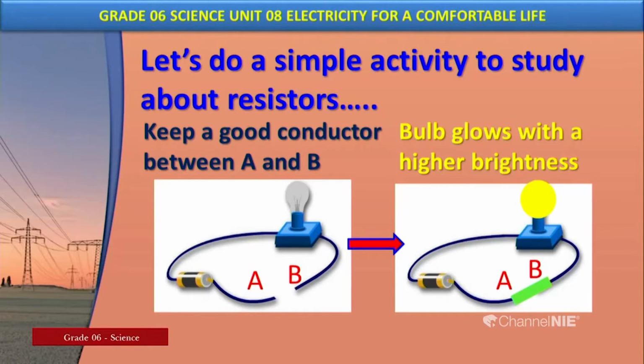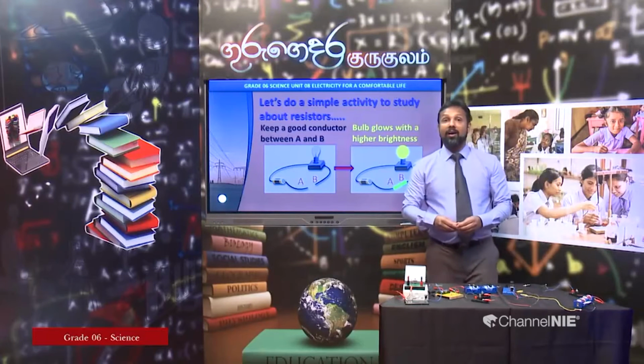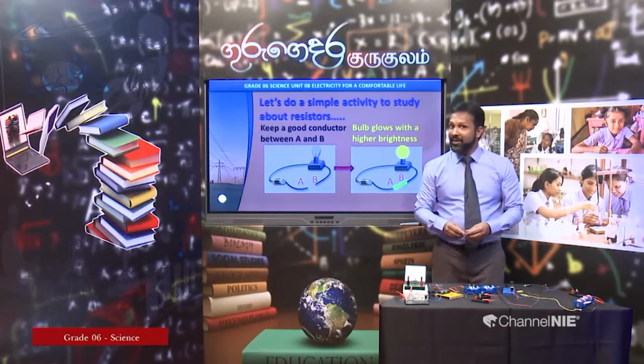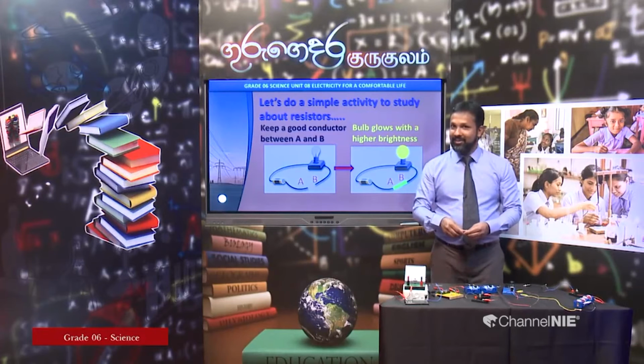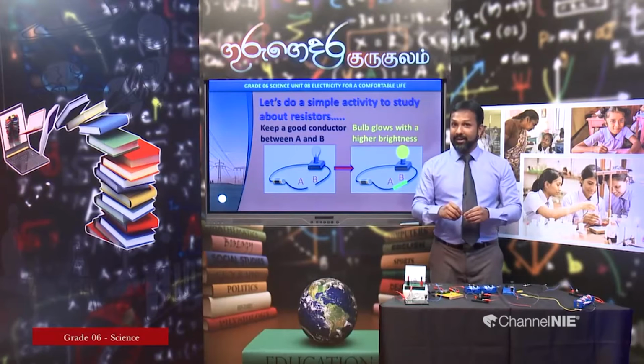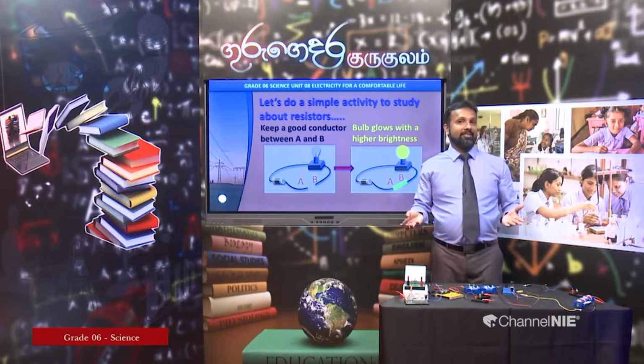I am going to ask you a question. Can you remember what conductors are? Can you remember what insulators are? In the previous program, you studied the difference between conductors and insulators.